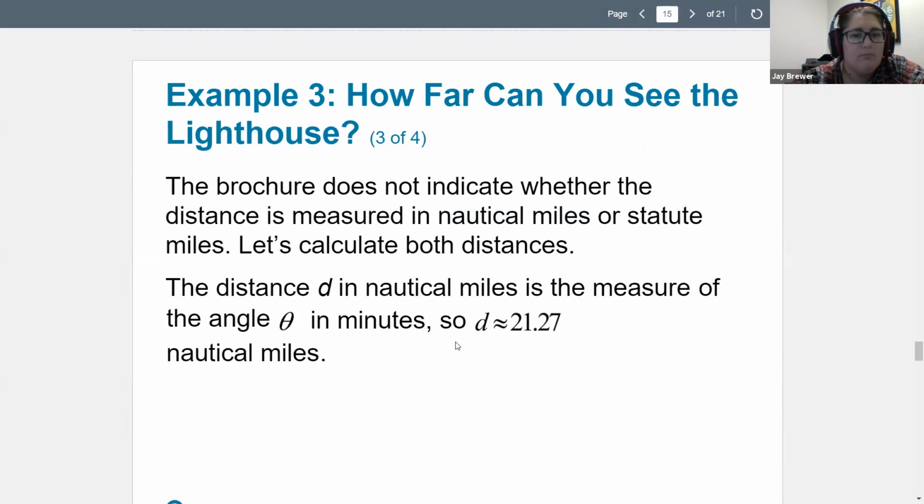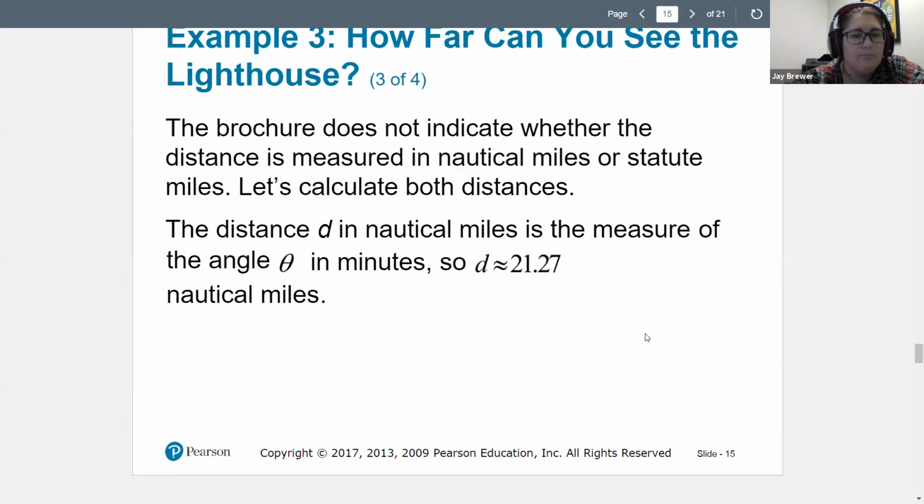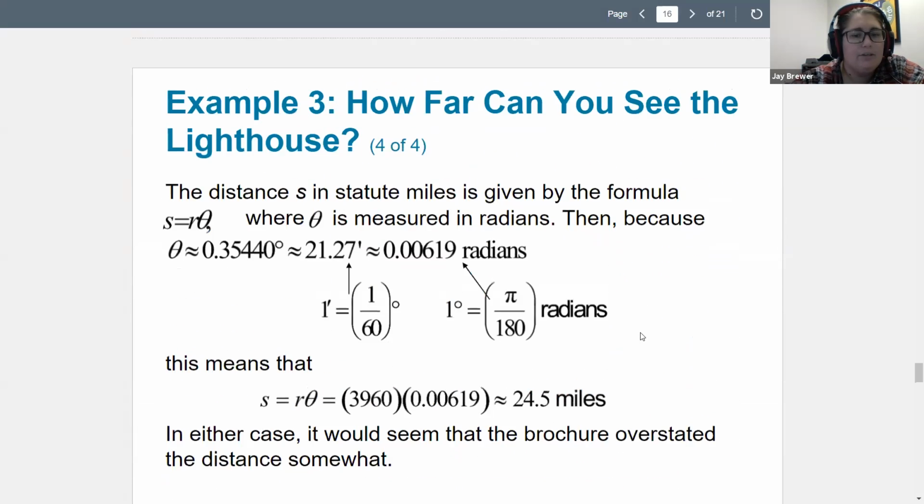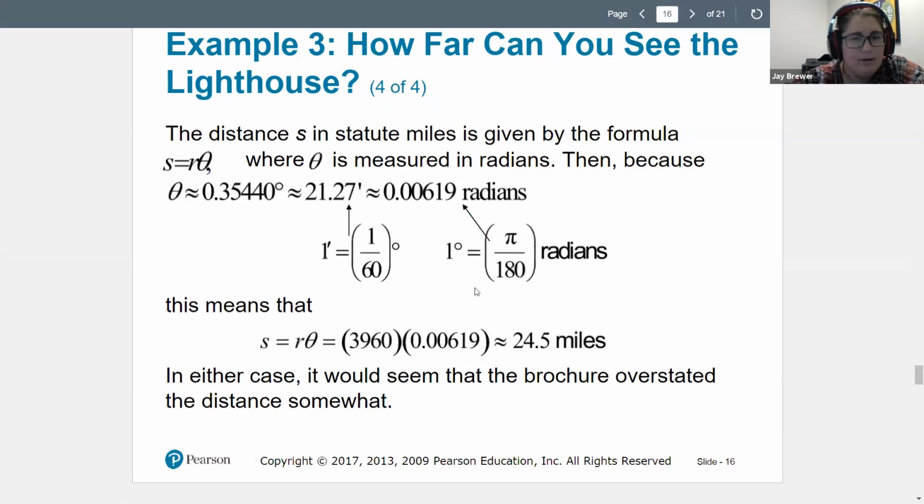So your nautical miles are 21.27 nautical miles. And then to find your statute miles, you have to find S equal to R times theta. So once you do your conversion, you're going to end up finding that you have 24.5 miles.